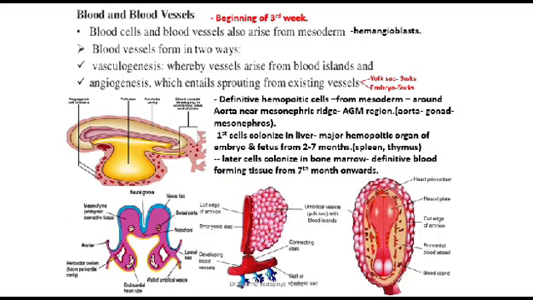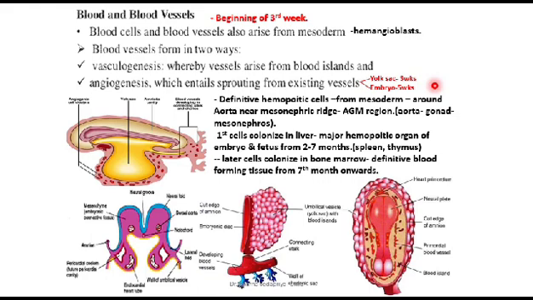As early as the beginning of the third week, approximately around the 16th day, the vascularization, that is the vasculogenesis followed by angiogenesis, happens in the extra-embryonic mesoderm, in the yolk sac and the connecting stalk, followed by the vasculogenesis and the angiogenesis within the intra-embryonic mesoderm, connecting the vessels of the extra-embryonic mesoderm to the intra-embryonic mesoderm.